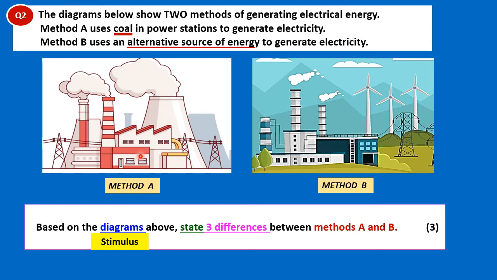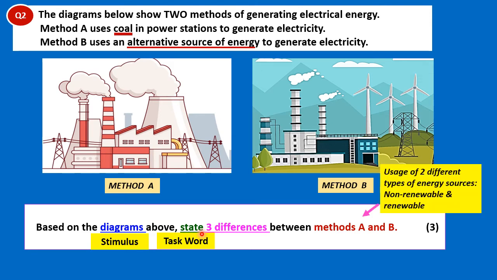So study the diagram. You can see here that this one is using coal to produce electricity, all right? It's a power station actually, and here we can see alternative source of energy, which is what energy? Wind energy. Okay, so state 3 differences between methods A and B. Now, state is your task word, okay? And the topic or subject matter here is usage of the 2 different types of energy sources to produce electricity.